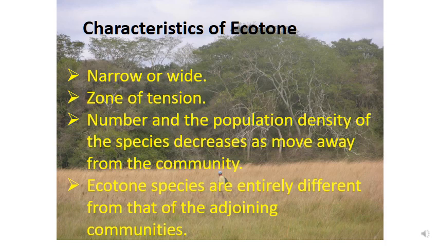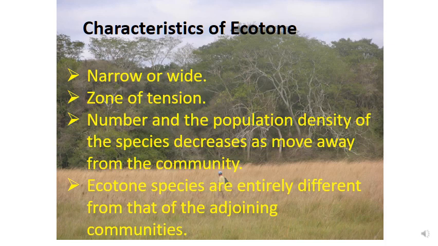Characteristics of ecotone: it may be narrow, between grassland and forest, or wide, between forest and desert, so its size can vary. It has conditions intermediate to the adjacent ecosystems, so it is called the zone of tension.